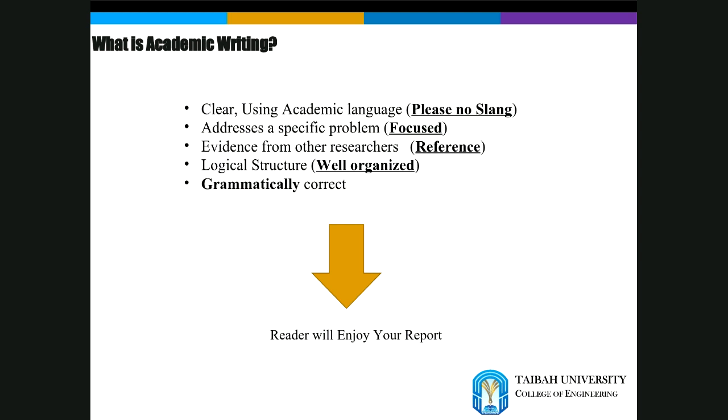So cite, use a citation, demonstrating knowledge of the subject area, to support your opinion and argument with evidence from other experts. Then a logical structure, well organized, which means coherent. So the writing is in a logical order. Finally, it is grammatically correct.